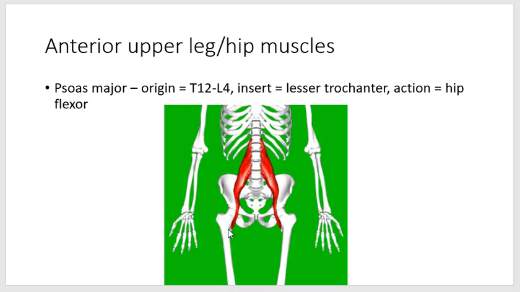What it allows you to do is to flex that hip, or to take that femur and bring it up anterior, so bringing it closer to your stomach or up. Like if you're climbing stairs, that lifting motion of your leg is going to be part of that psoas coming from the lumbar and wrapping around to the lower trochanter.